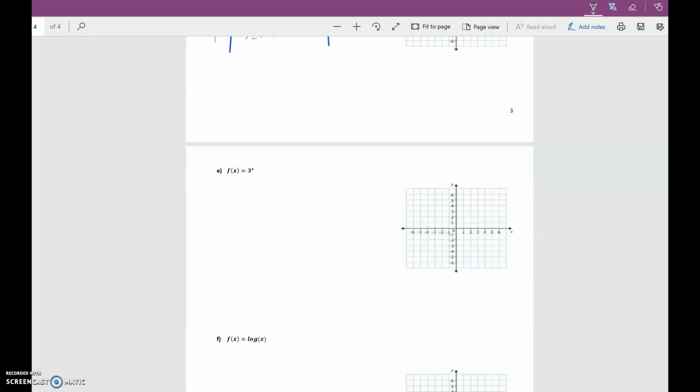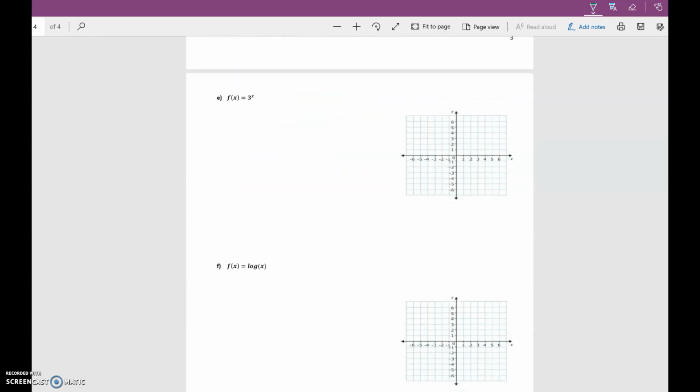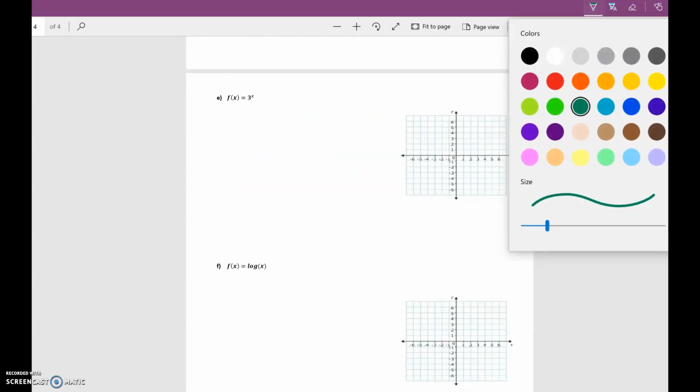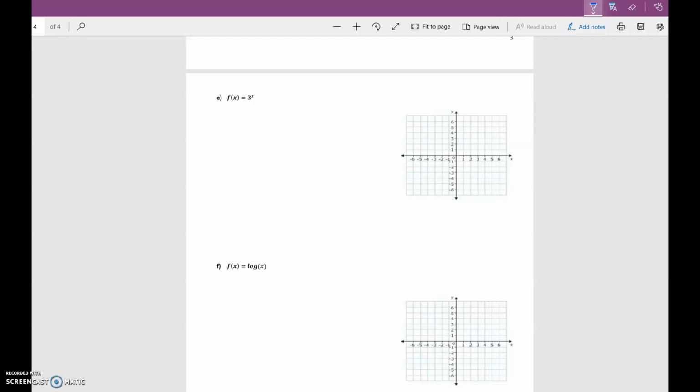Let's take a look at graph E. And as we continue, they start getting a little bit more complex. But don't worry, in this case you're looking at x's and then y is equal to 3 to the x. So x's and y's.